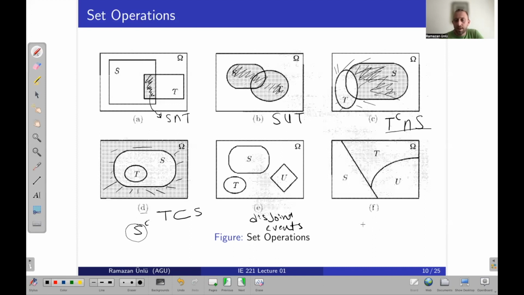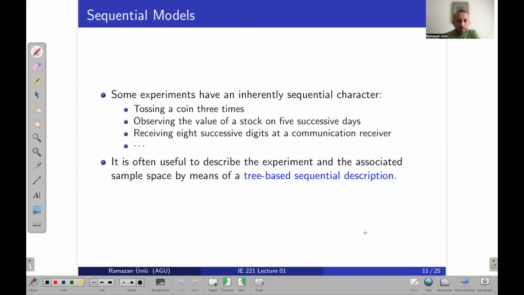In this case, I can say that S, T, and U form a partition of omega. This is the last example. You can look at these simple notations just to improve your understanding for future problems and topics. These are simple things.